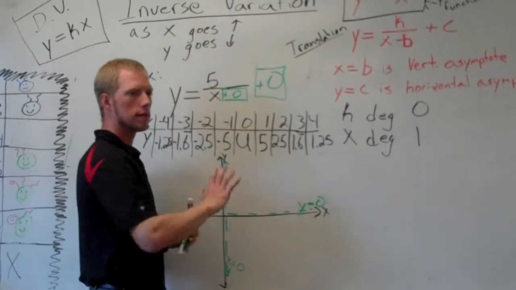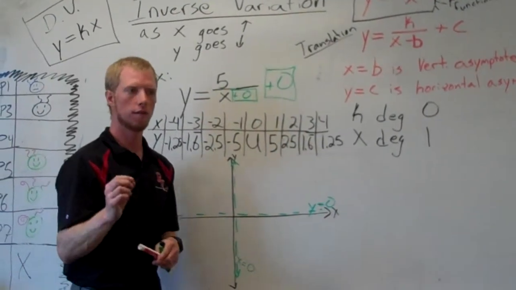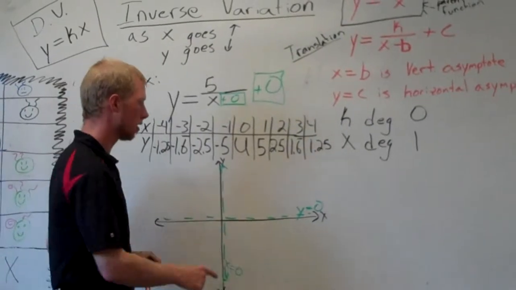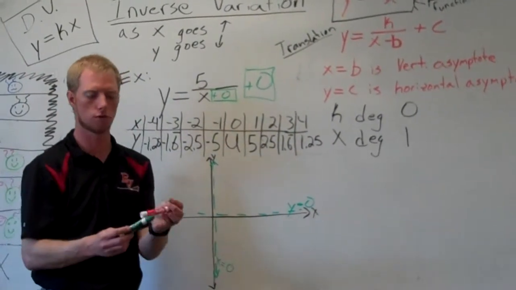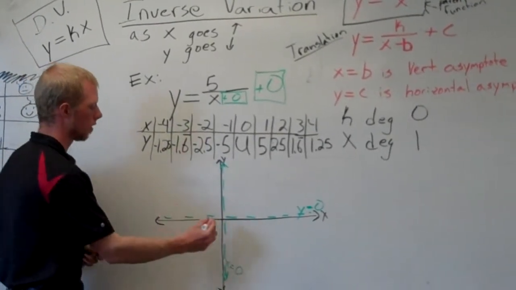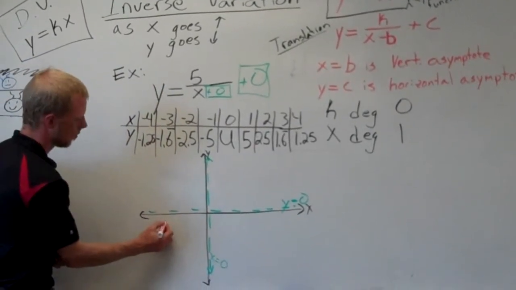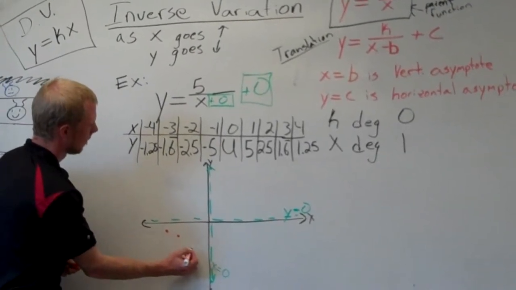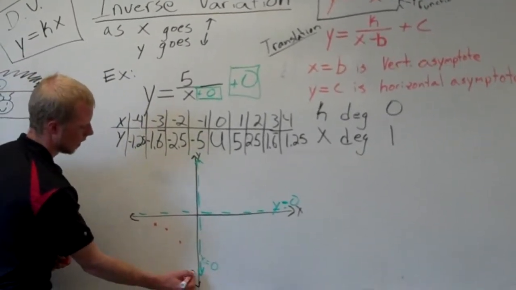Now I know I have these asymptotes, places where my function will approach but never touch. So no line I draw on this graph should cross these dashed green lines. And I start to plot these points and I say, okay, at -4, I'm here, here, here, and here.